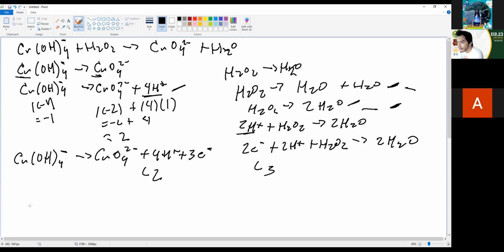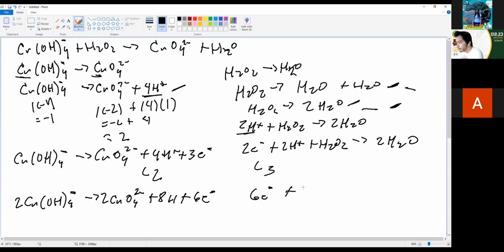Ito, i-multiply natin sa 3. So 2CrOH4 negative will yield 2CrO4 negative 2 plus 8H plus 6 electrons. Ito naman, 6 electrons plus 6H plus 3H2O2 will yield 6 water.